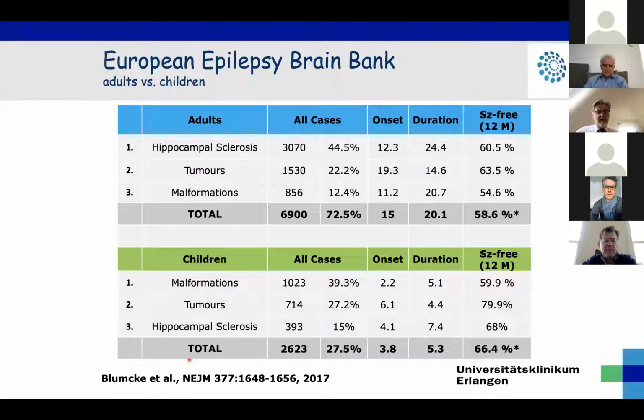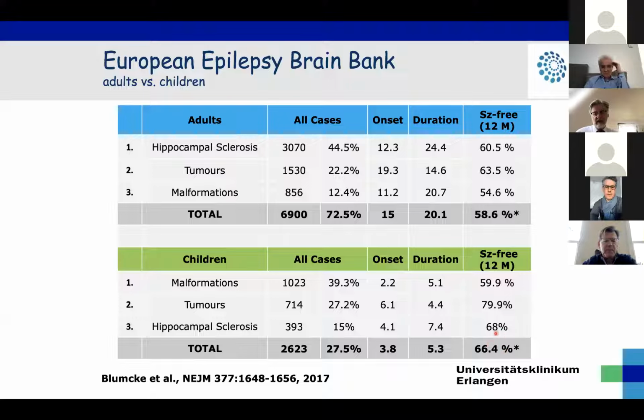Yes, and that is just the same as shown here, just in the major disease categories: sclerosis, tumors, malformations. These three come up with 70% of the entire cohort. Then one third were children, but here you see the outcome.